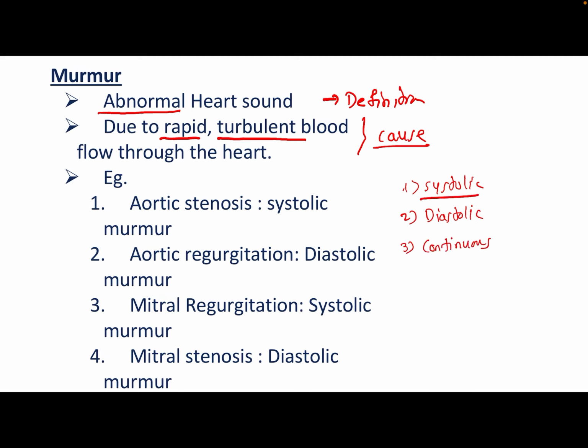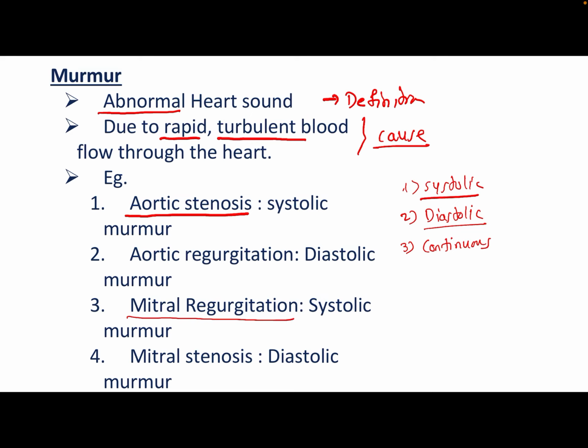Out of these, systolic and diastolic are important, and you should know the conditions or pathologies related to these systolic and diastolic murmurs. Now systolic murmur is heard in aortic stenosis and mitral regurgitation. These are two conditions where you will hear systolic murmur, that is, an abnormal heart sound during systole.